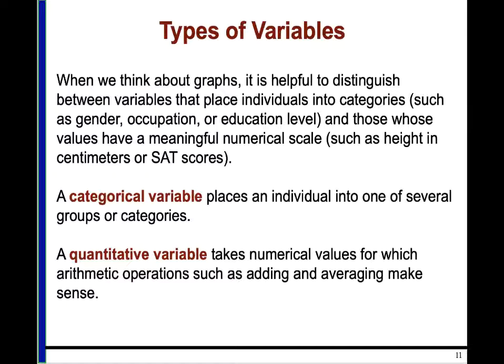Occasionally you will have numbers that are actually categorical variables. Think about things like your zip code. That zip code is just placing you into a geographic region of your county. So that information, even though it is a number, it's more a category because it's putting you into a group.